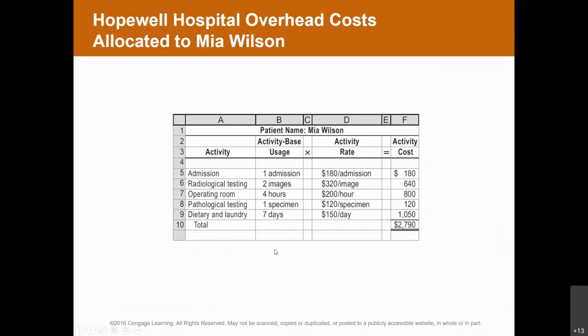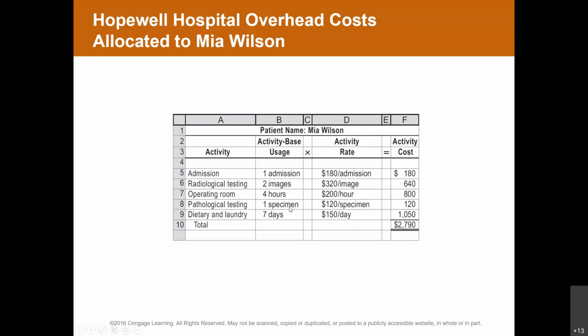We admitted the patient once. The admission cost was $180. Radiology, we took 2 images at $320 per image. That's $640 for this patient. The patient spent 4 hours in the operating room at $200 per hour. That's $800 for the operating room overhead cost.